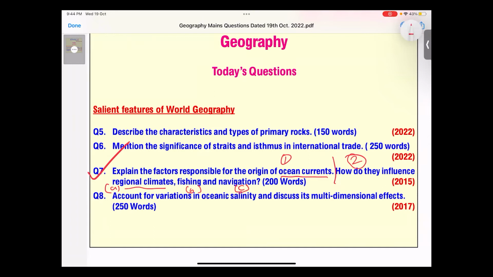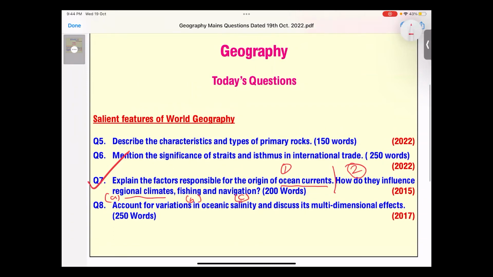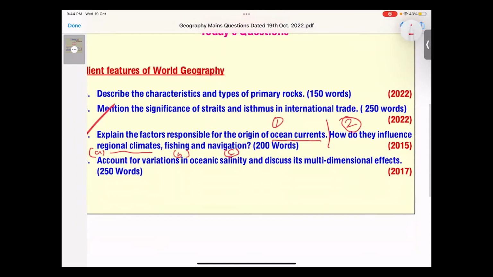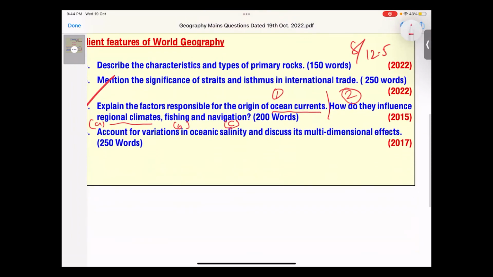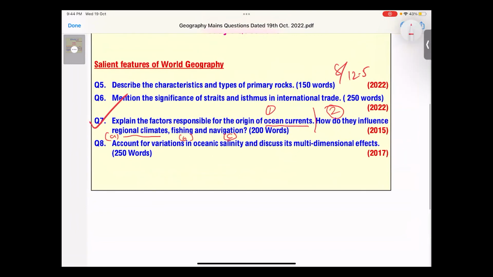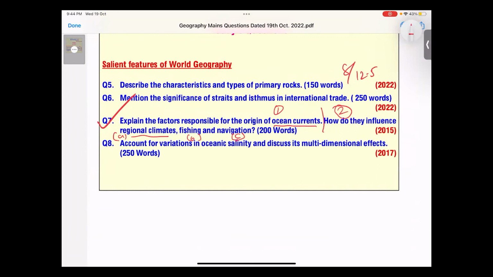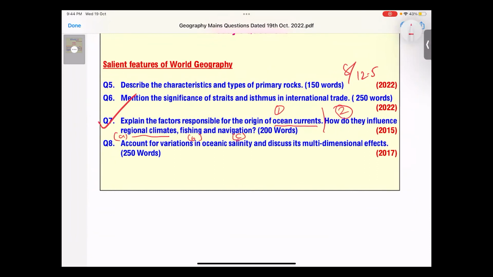If it's a 200-word question, it must have been 12.5 marks in 2015. Out of 12.5, 8 is the highest. Unless you write all these dimensions, you will not get 8 marks. What the majority of students unfortunately do during the examination is, for part 1, they write a brilliant answer. In part 2, they write only about regional climate and then conclude. But the examiner is looking for these dimensions also.